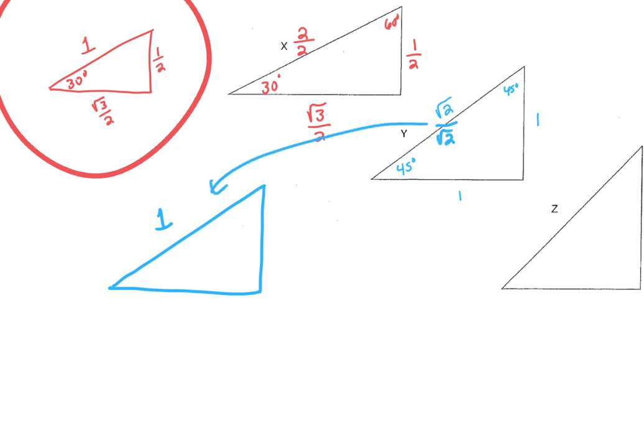That gives us our 1. If we divide this by the square root of 2, well, we know we have to rationalize denominators if there's a radical. So instead of writing that as 1 over the square root of 2, I want to rationalize that. So it's going to be square root of 2 over 2. And then similarly here, if I divide by that square root of 2, this will also become the square root of 2 over 2.